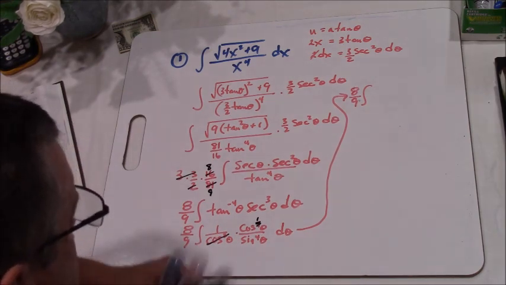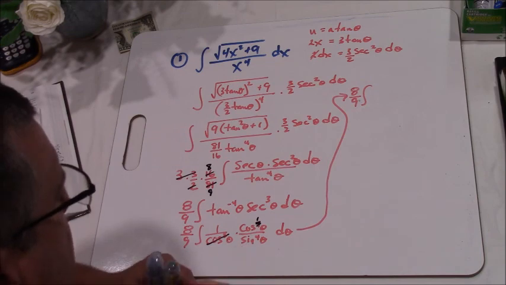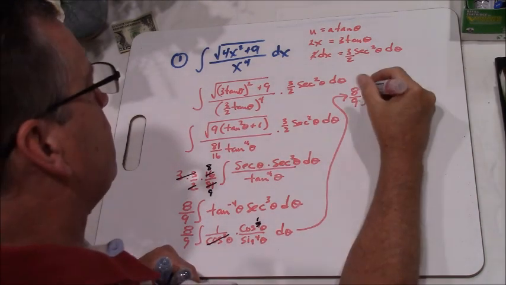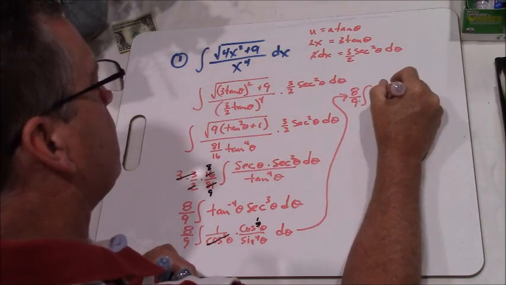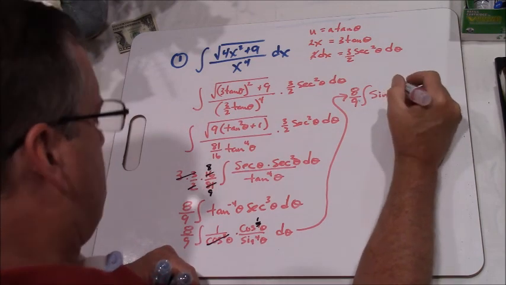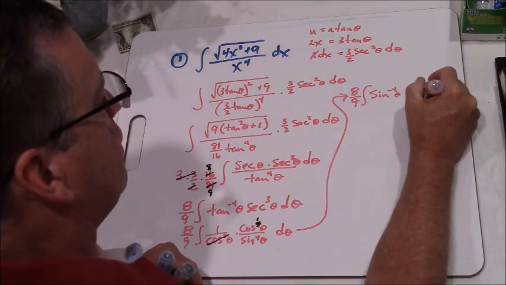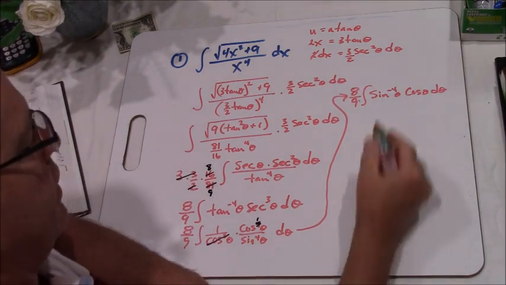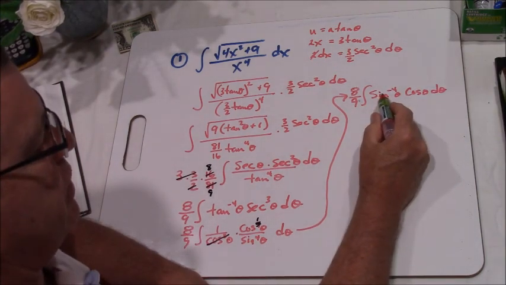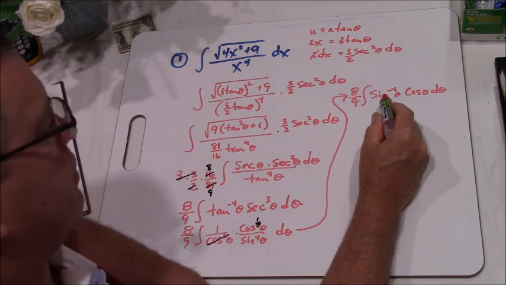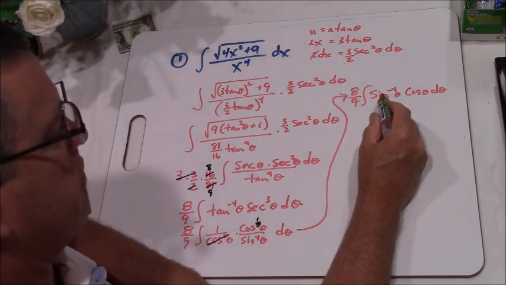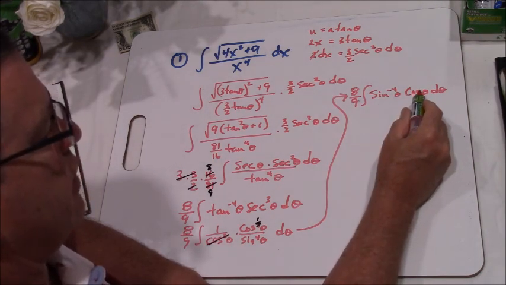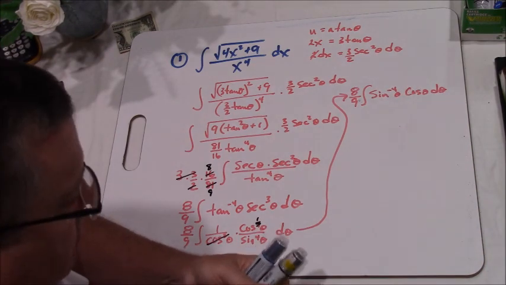And so now what I have is a sine to the negative 4 of theta times a cosine of theta d theta. And now I look at this and say, well, this is something inside parentheses raised to an exponent. The derivative of a sine is a cosine, and so I could go ahead and just do substitution to finish that.